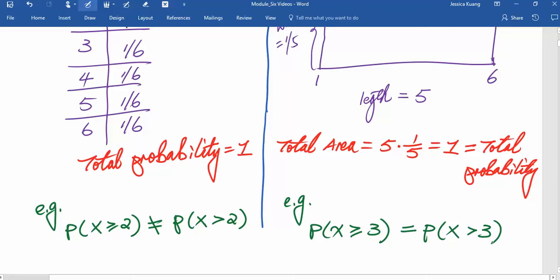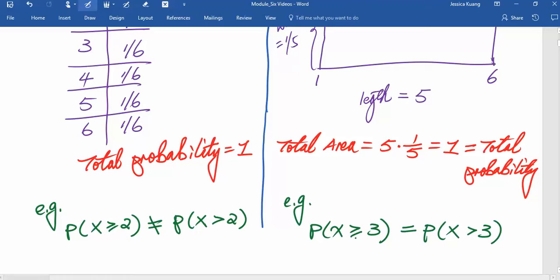And that is because for continuous random variable, we use an area to describe the probability. Just think about a piece of land. With or without a fence, the total area of that piece of land remains the same.